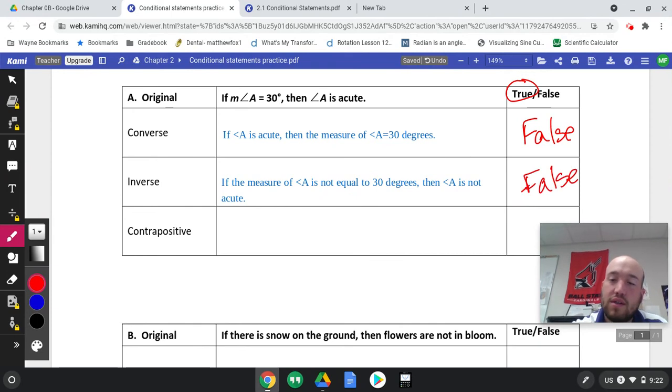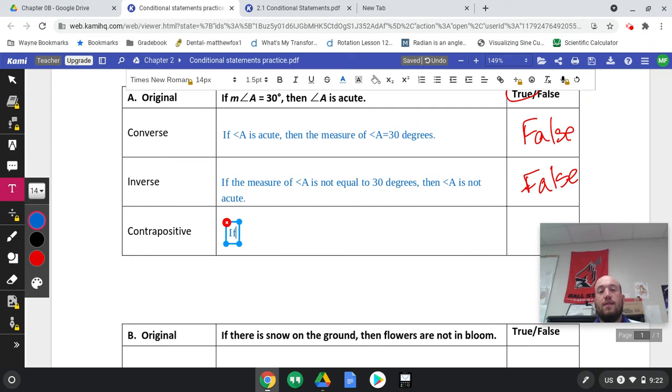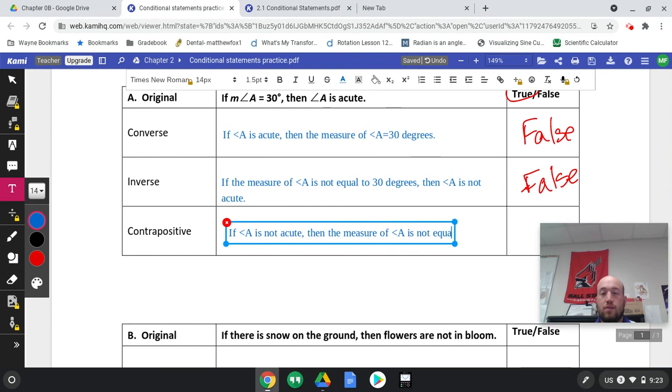And our final one, the contrapositive, we negate them and we switch them. So it's kind of like we take this converse and then we negate them. Okay, so the contrapositive here will be if angle A is not acute, then the measure of angle A is not equal to 30 degrees.